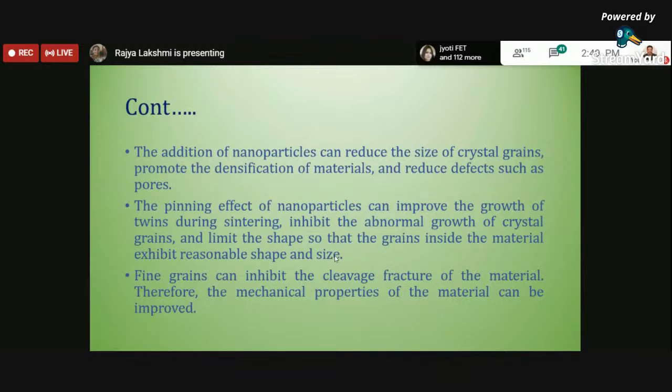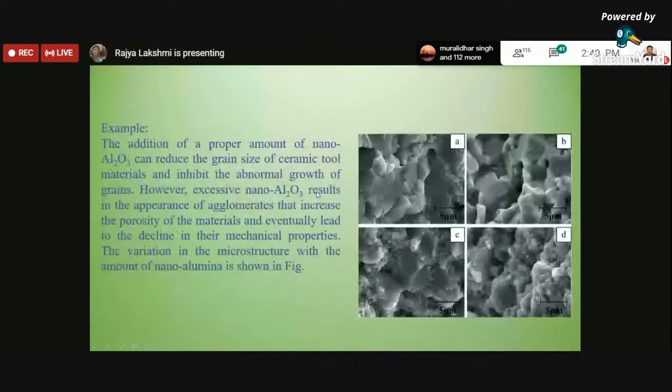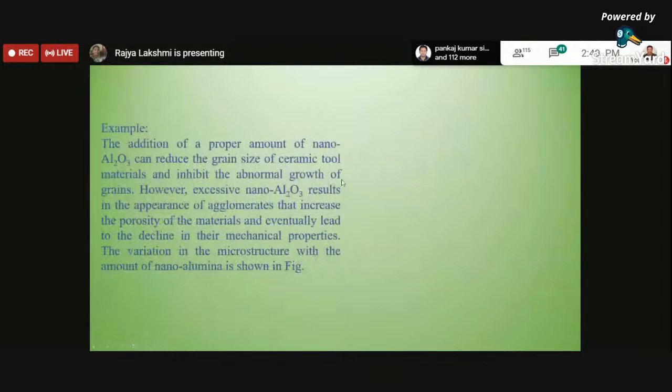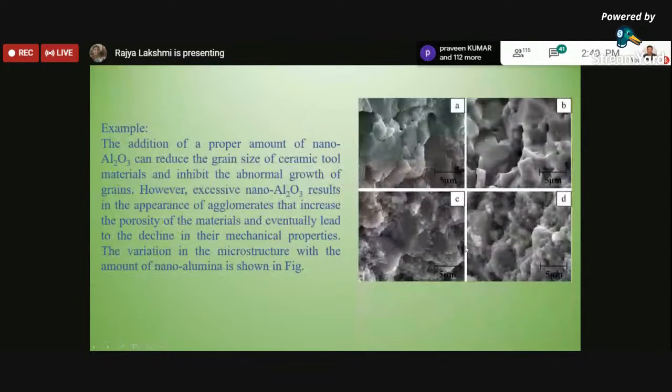It is easy to fabricate because of this particular microstructure. And fine grains can even inhibit cleavage fracture of the material, so that mechanical properties can be improved. It is one example related to the addition of nanoparticles, which improves the microstructure.